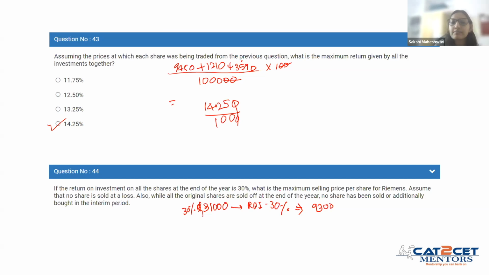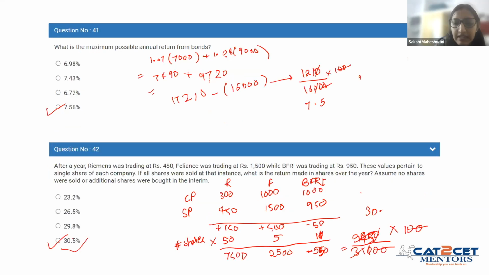Now we need maximum selling price per share for Raymond's, and no share is sold at a loss. So if we want to maximize the selling price for Raymond's, what we can do is sell the other shares at cost price, right? If we sell the other shares at cost price, we won't be getting these benefits.